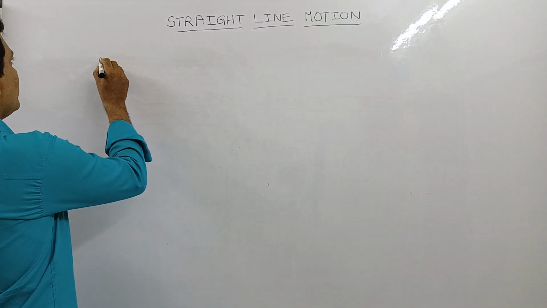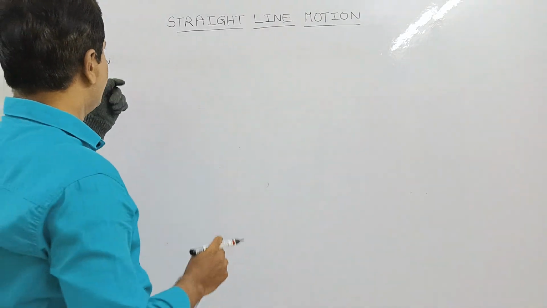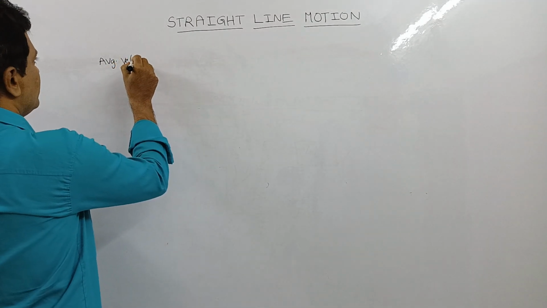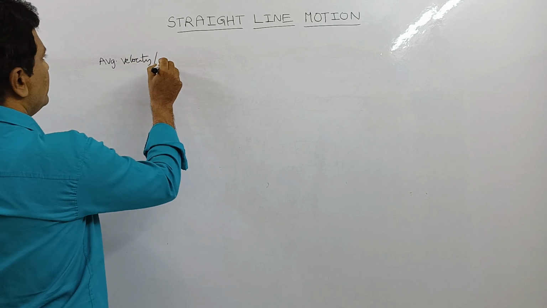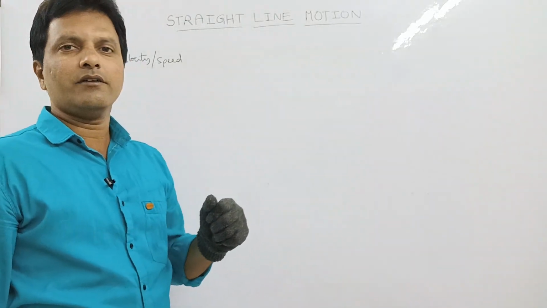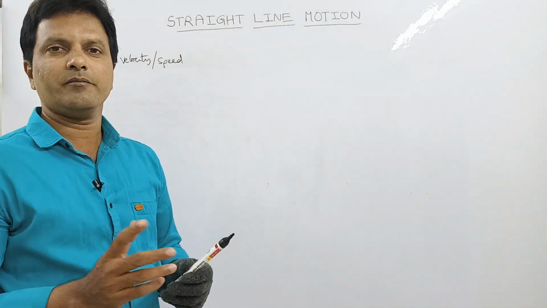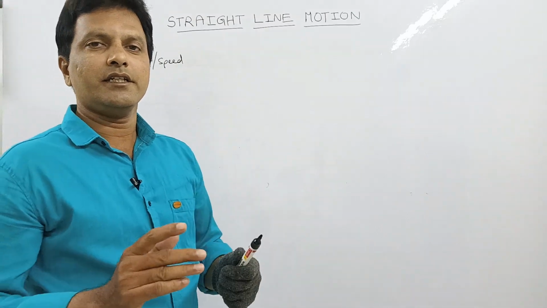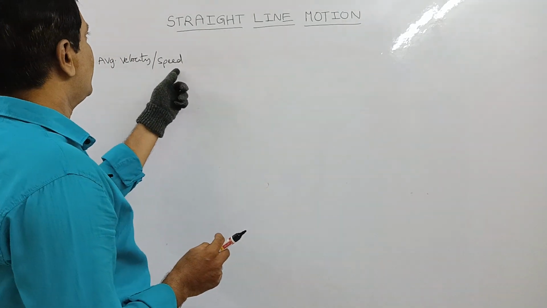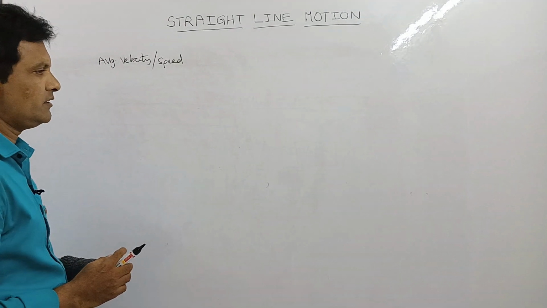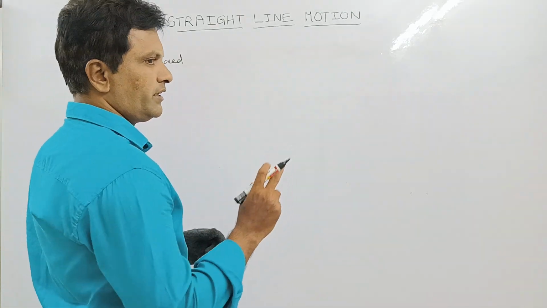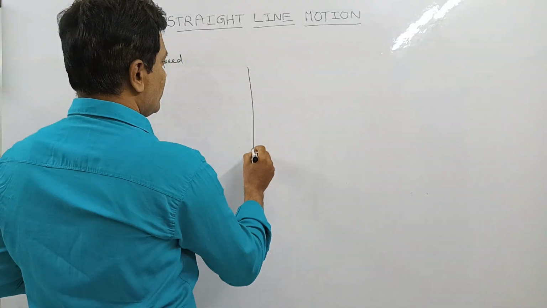This average concept, average velocity or speed, has some importance, and we will have some problems at intermediate level and at NEET or IIT mains and advanced level also. We have to understand the average velocity or speed concept in a better way. We will deal with one example to understand what it is exactly.